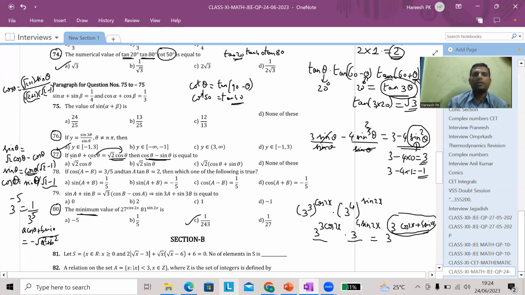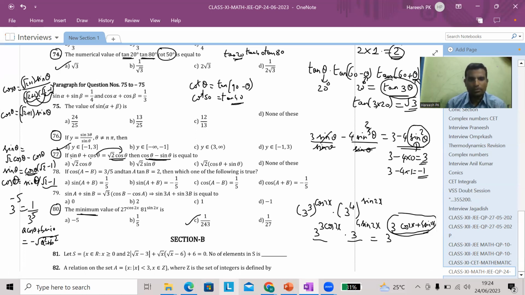Now a plus b into a minus b is a square minus b square. Root 2 square is 2, and 1 square is 1. So the denominator becomes 1, and cos theta is root 2 plus 1 sin theta.